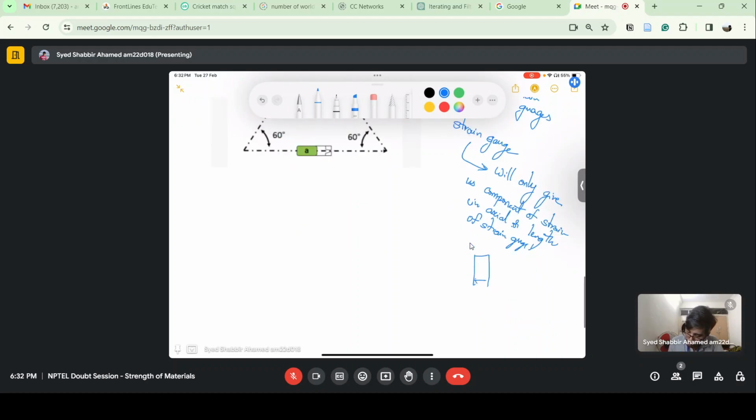There are different coils, and you have the connections which are separate. This is the length of the strain gauge, and it will give you axial strain in this direction.